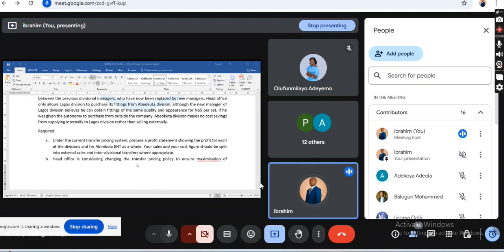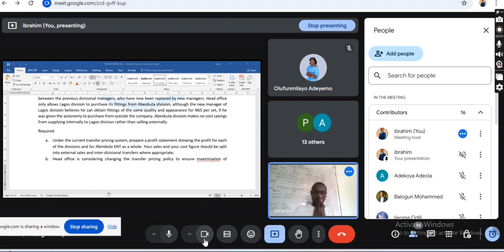interdivisional transfer where appropriate. Class, don't forget that we have a selling and buying division, right? Division A is the selling division. Division B is the buying division.